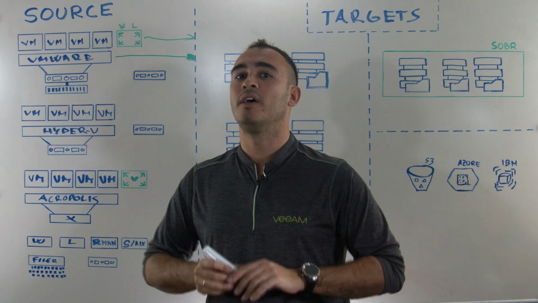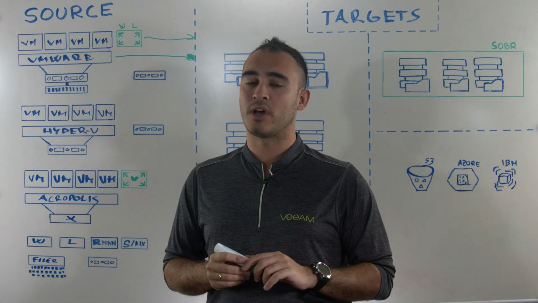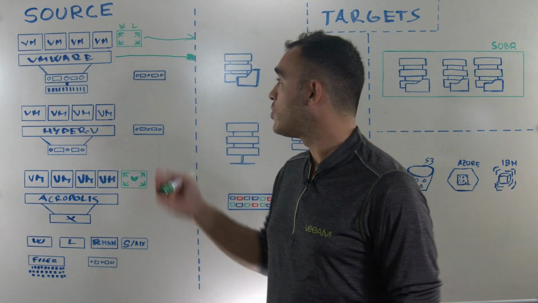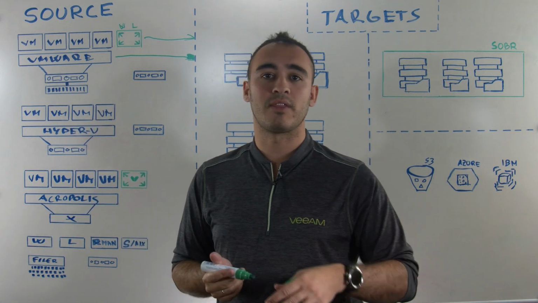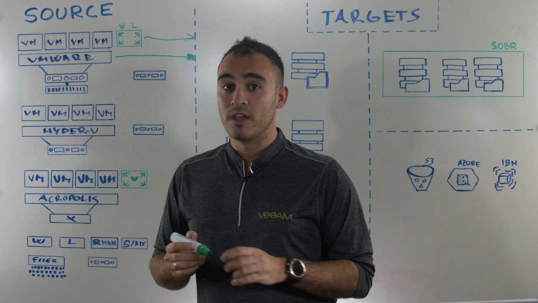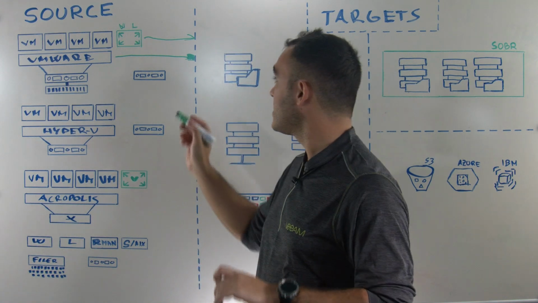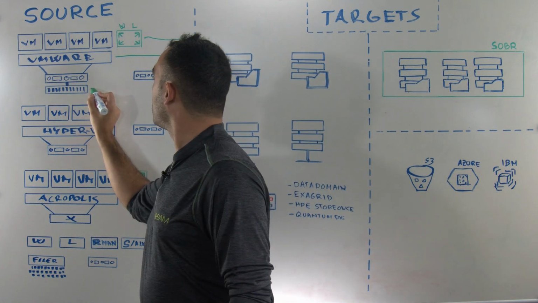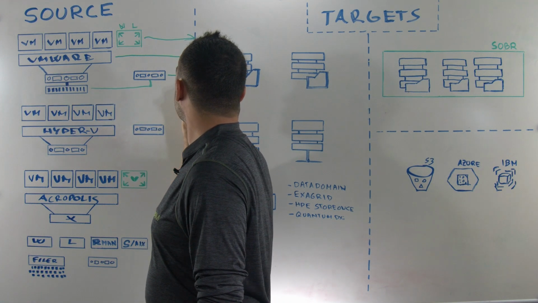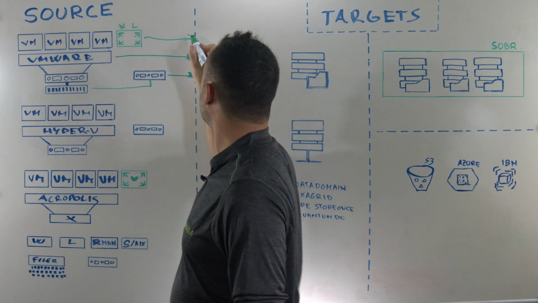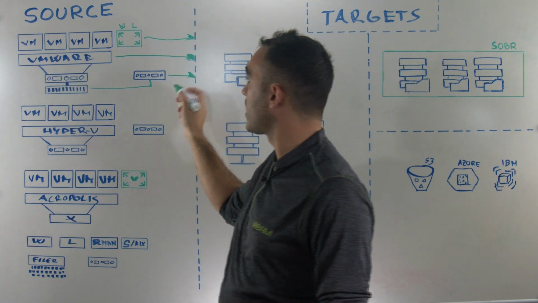But for now, that needs to be a physical Windows server, which has connectivity to your VMware environment, imagine, 10 gigabit Ethernet or Fibre Channel. So what this does is talk directly with the storage itself, and then from here it processes the information and sends it to the backup repository itself.